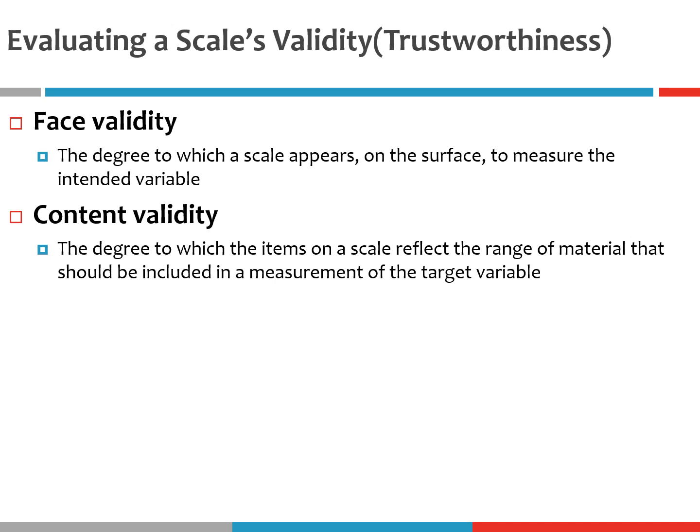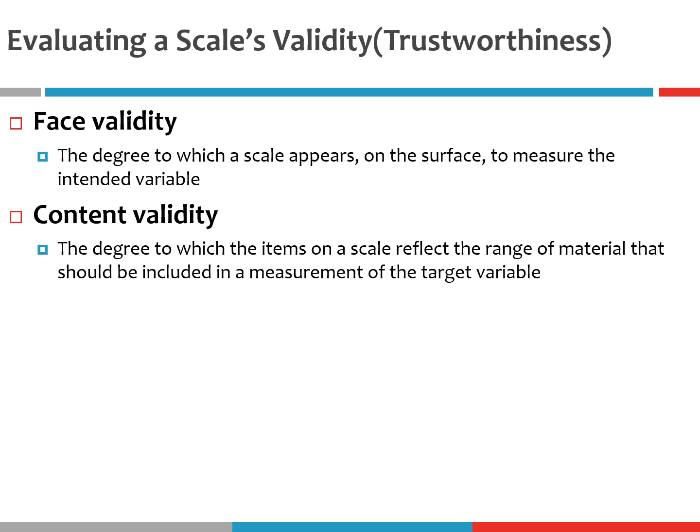Because if the test on algebra is designed to measure your entire knowledge of algebra, everything you learned that semester, and instead you're only getting items that reflect one small piece of the entire course, like solving a simple linear equation, that test would not have content validity.